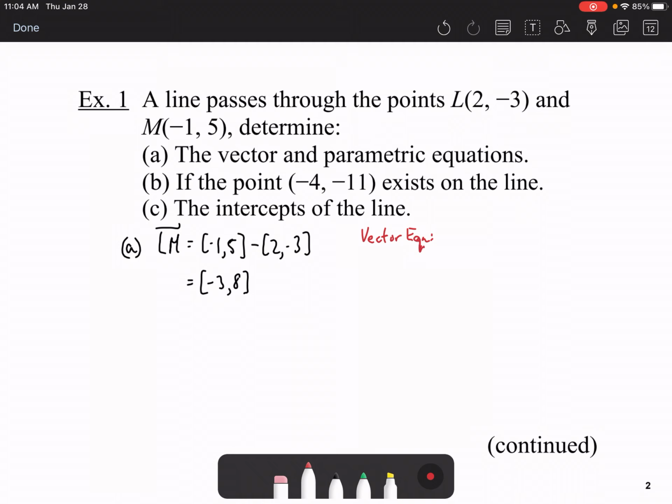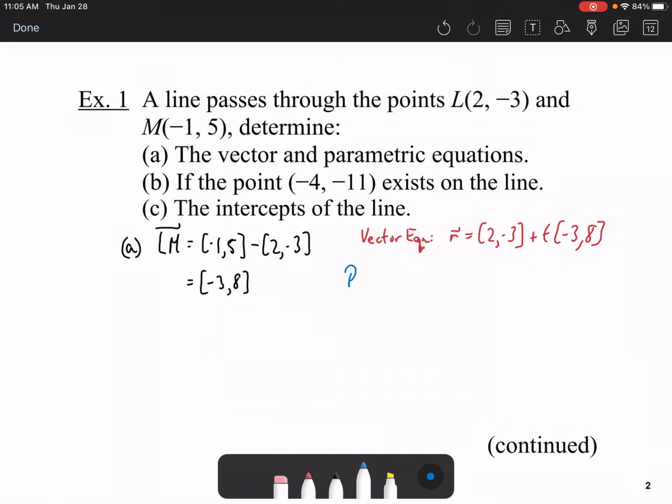So to come up with your vector equation, you select your starting or reference point, you can use either of these reference points, L or M, or anything else on the line, plus any scalar multiple of your direction. And that's all you need for your vector equation. So in actual fact, you could have multiple vector equations.